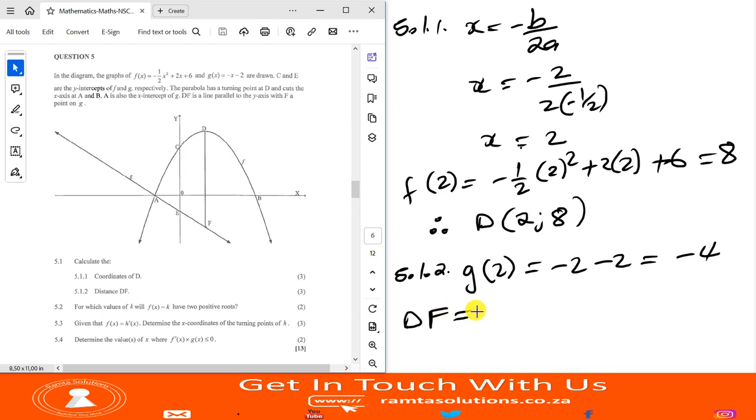So what is DF? We don't even have to waste time. It's basically f of 2 minus g of 2. What is f of 2? You found it to be 8. What is g of 2? You found it to be negative 4. So what is our answer? It is 12 units, isn't it?